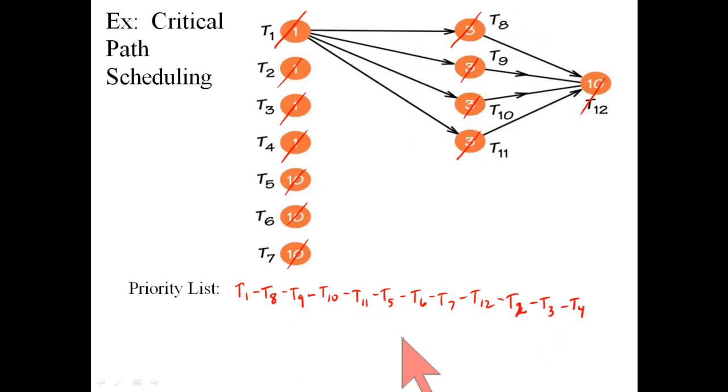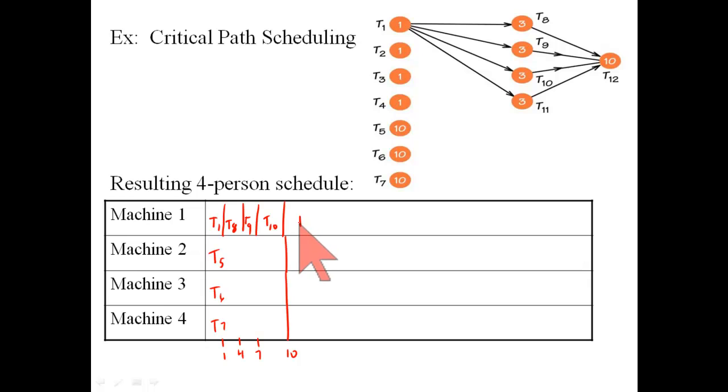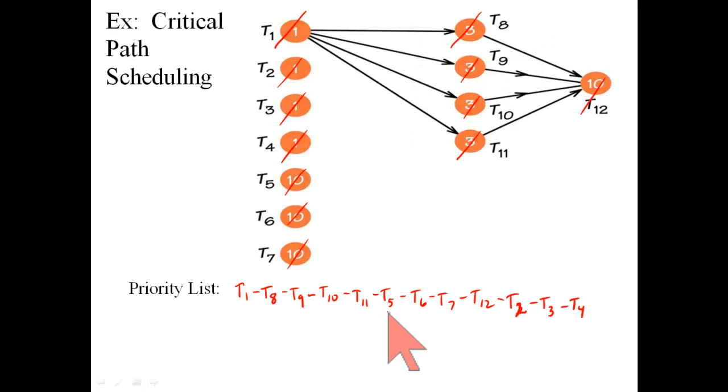Looking back at the priority list, T11 was next in priority, and it's now ready to be done. It's a 13-minute job. Meanwhile, if I look back at the priority list, T2, 3, and 4 are at the end of the priority list, but they're next.